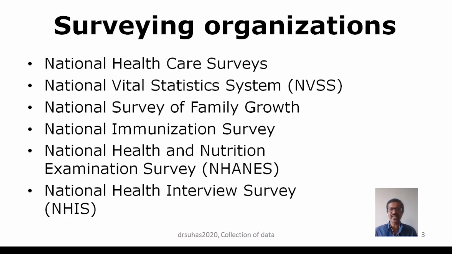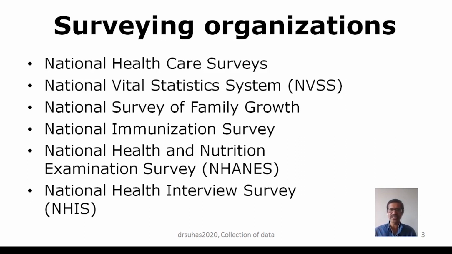There are various surveying organizations present in India which collect the necessary information for the vital statistics of the country. These vital statistics help the organizations or the country to frame or identify research issues and problems in society, and accordingly frame various programs to overcome these issues.